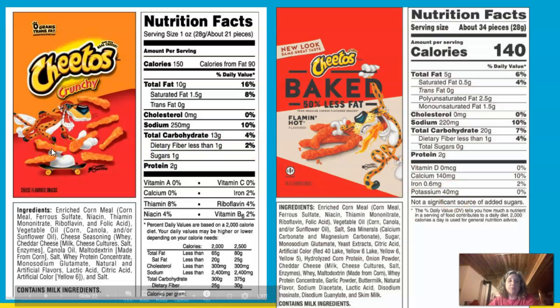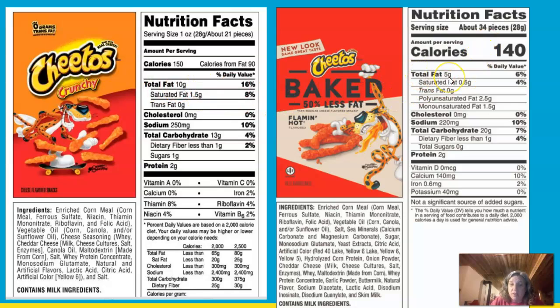So Cheetos, regular Cheetos versus baked Cheetos. So the calories are about the same. They're 150 and 140. But look at the serving size here. You get 21 pieces for the regular Cheetos, and you get 34 pieces of the baked Cheetos. So you definitely get more of the baked Cheetos.